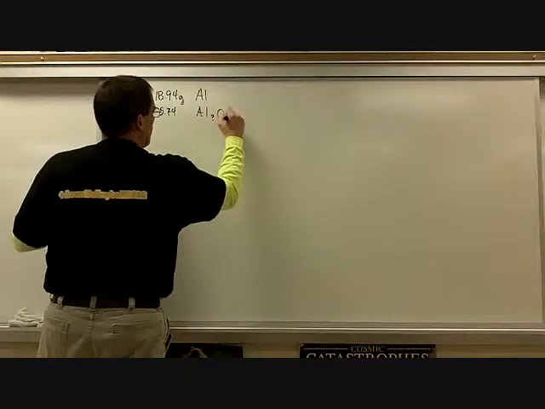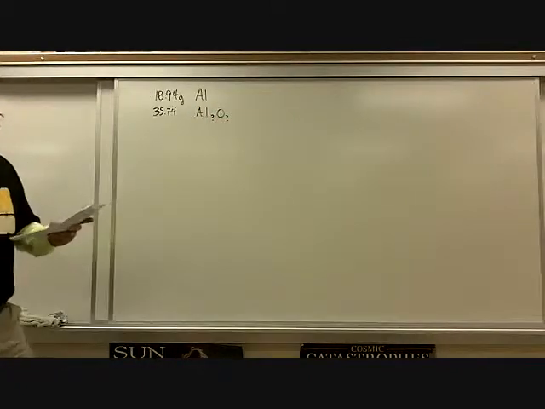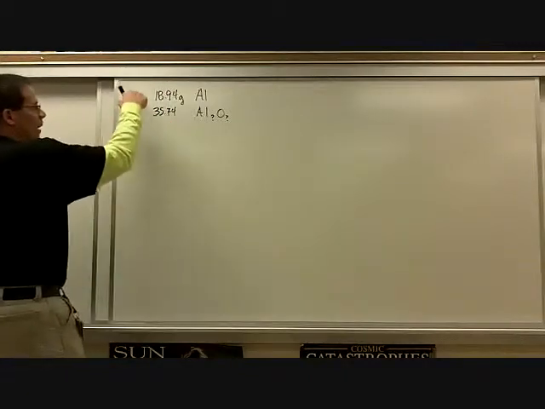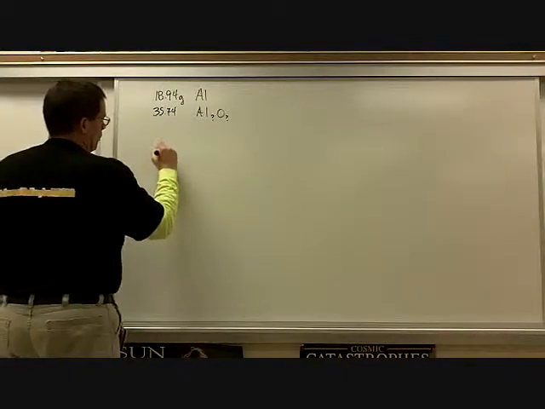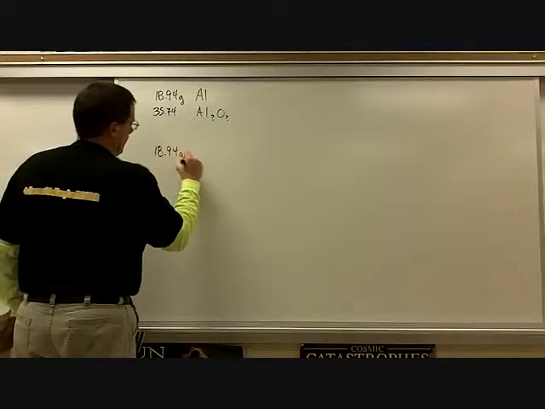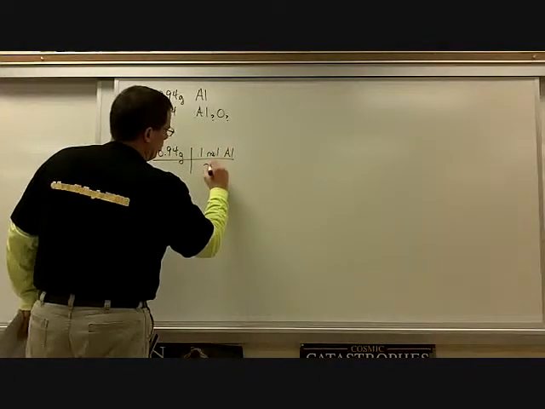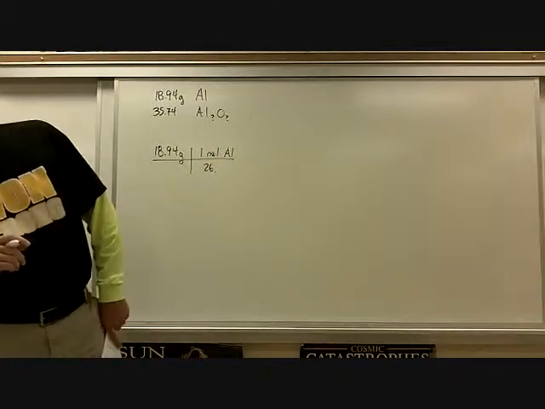So we don't know what these are, and it wants to know the empirical formula for this aluminum oxide. We have the mass of the aluminum, which is 18.94 grams, so we definitely can convert that to moles.